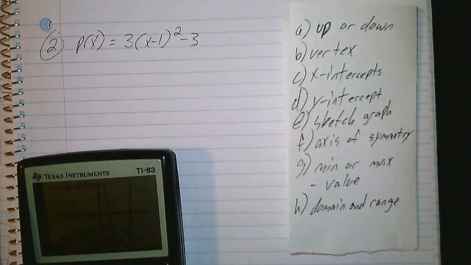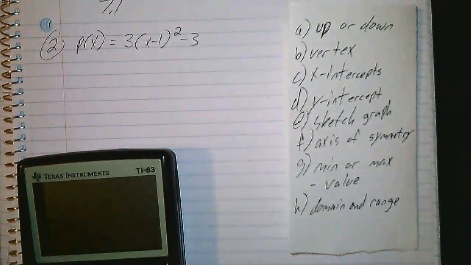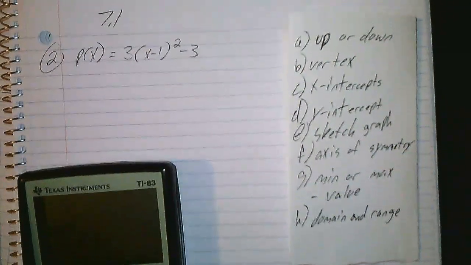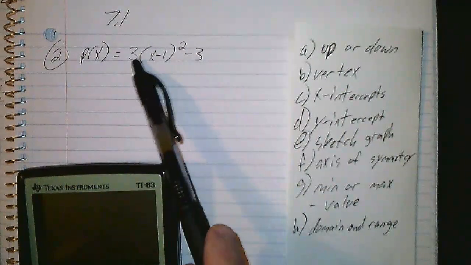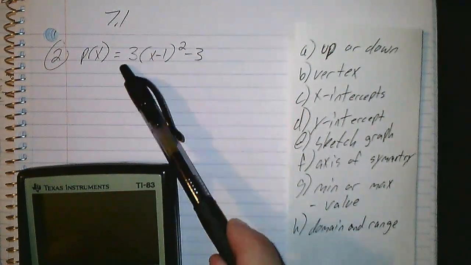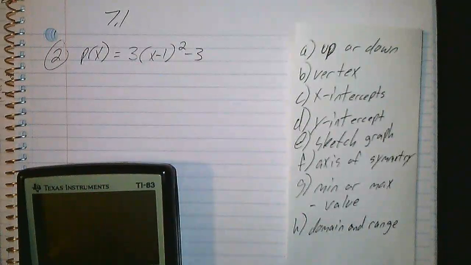All right, let's keep talking about section 7.1 about quadratic functions. So let's take a look at one in which we have an a value.